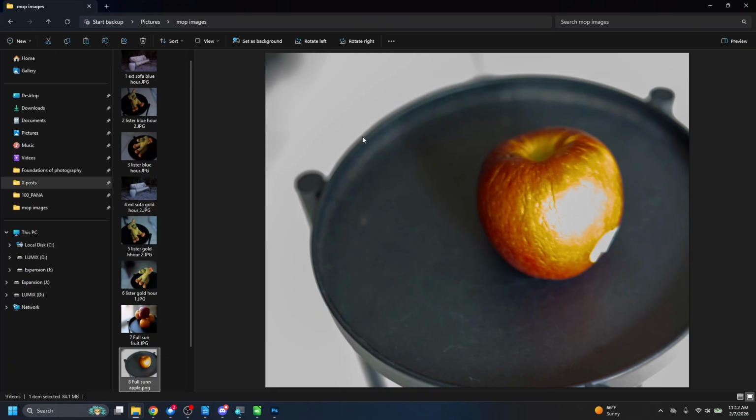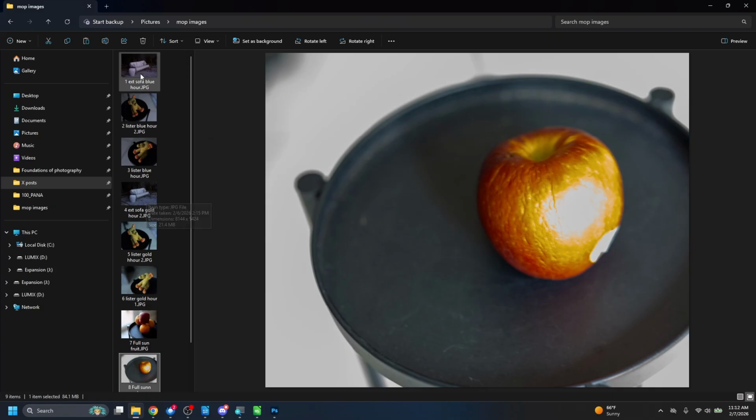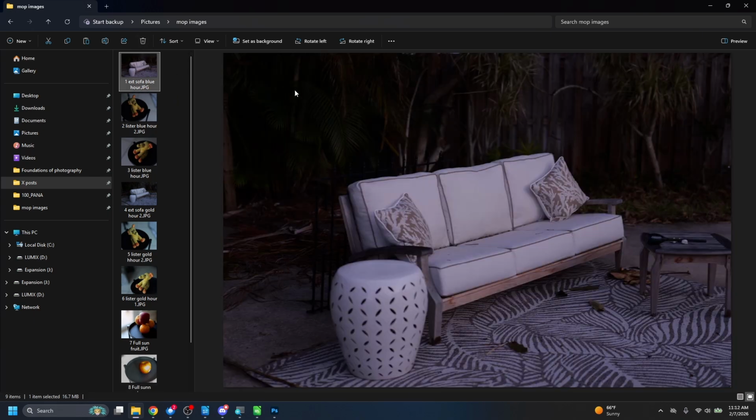But all of these were shot at ISO 100, except for the blue hour. I actually pushed the ISO up to 400, just so I didn't pick up any camera shake in the images when I was trying to take them.